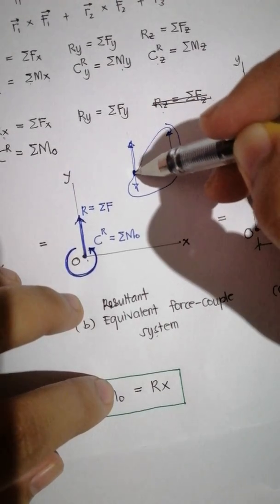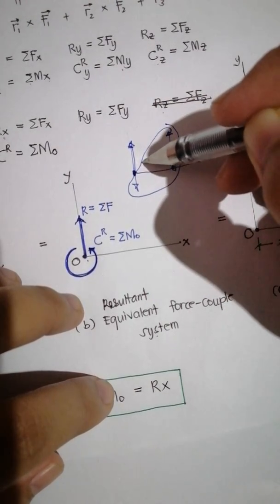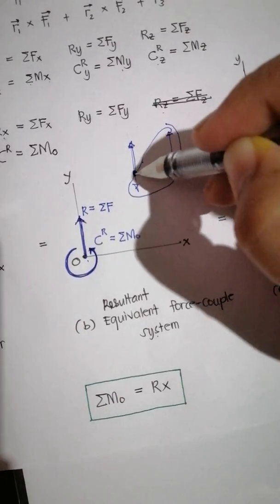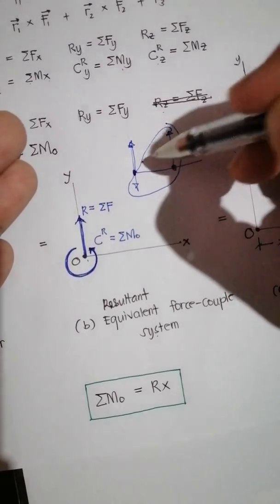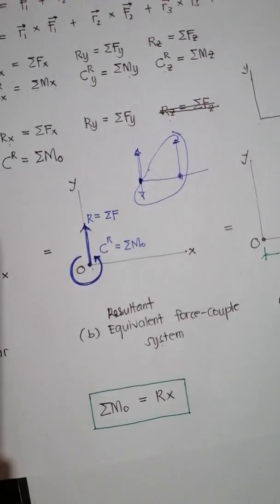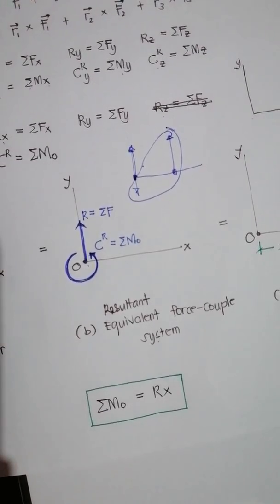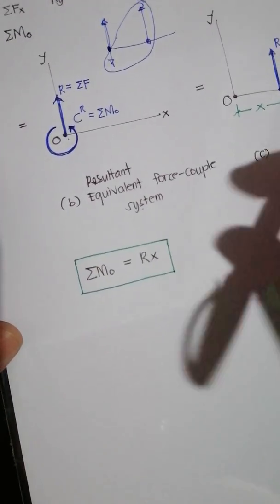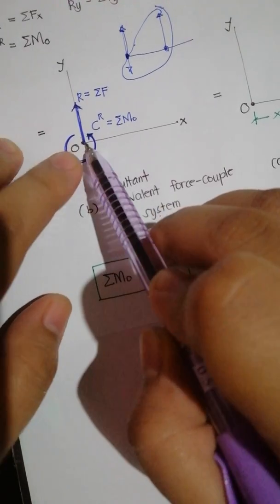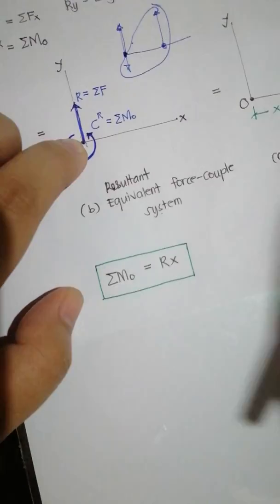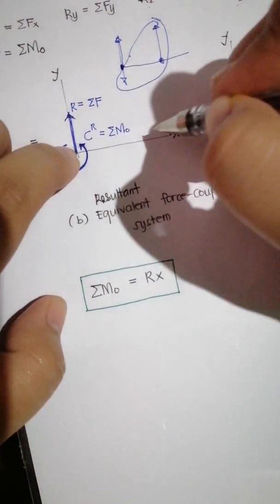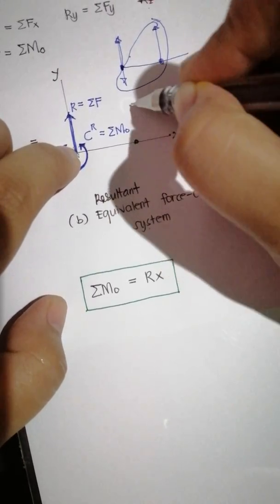But if we bring it back to its original position, the couple formed will be non-existent. So what happened is, there is this vector r located at a certain original position.